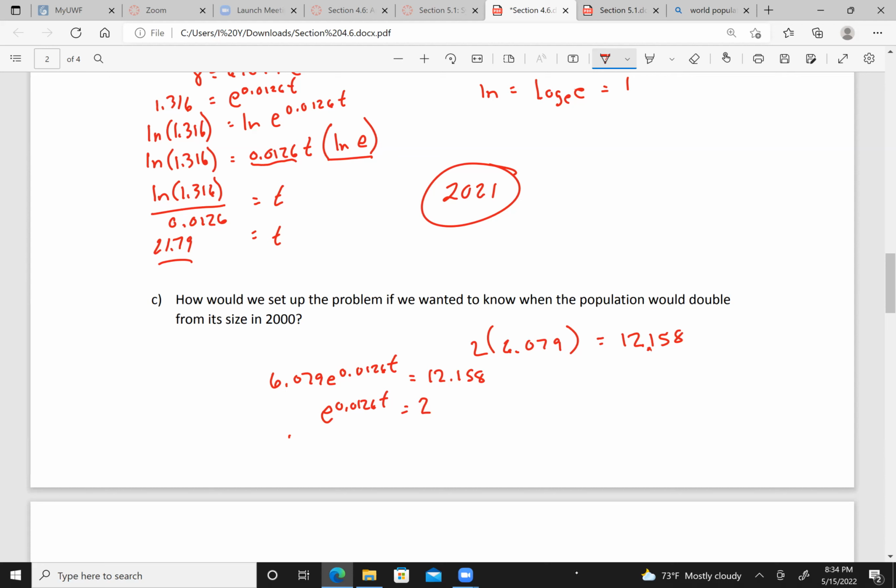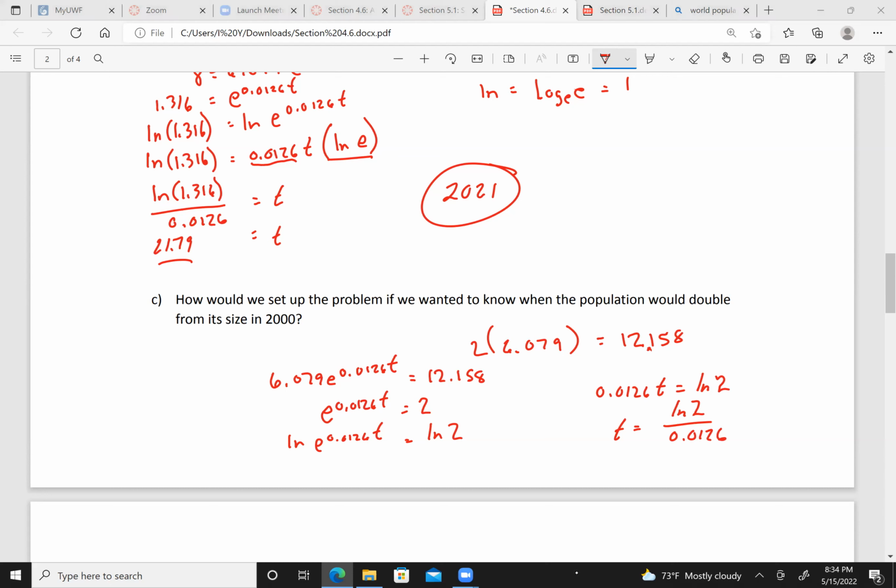If we take the natural log of both sides, natural log of 2, that gives me 0.0126 t equals the natural log of 2. So t equals the natural log of 2 over 0.0126.